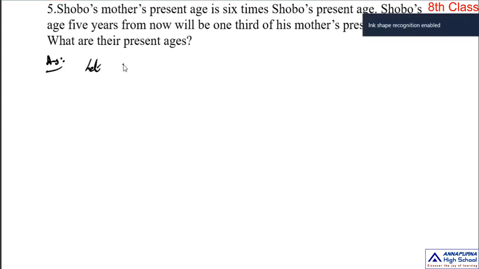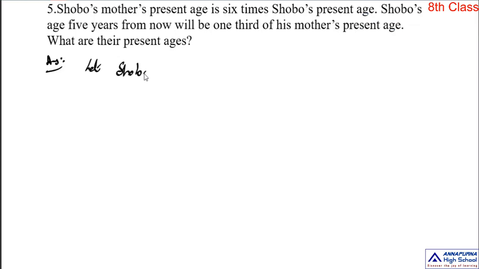Let Shobha's present age be x years. So according to the question, that means from the first statement of the given question, then what is the age of Shobha's mother?